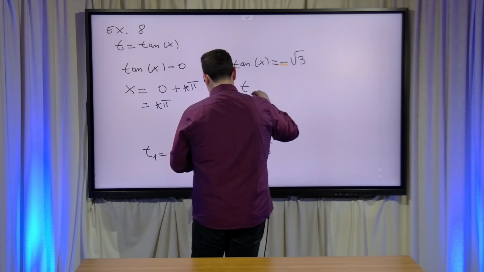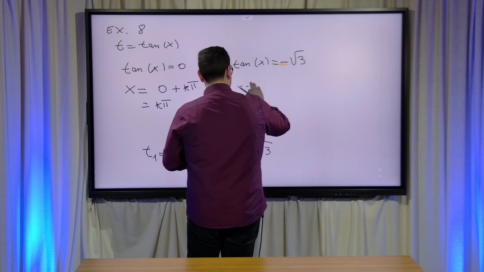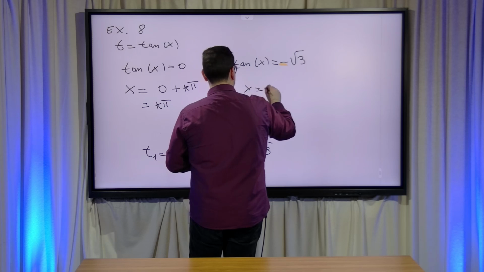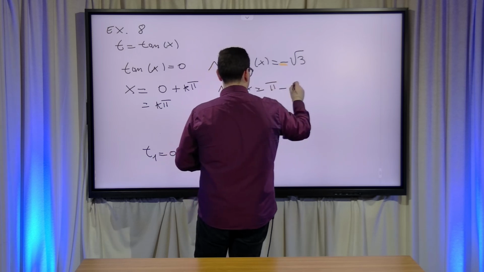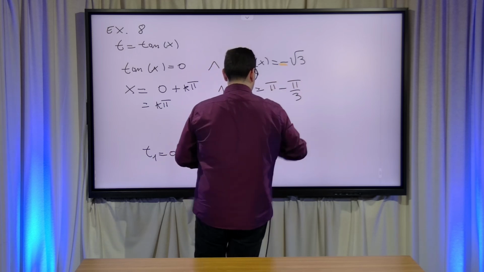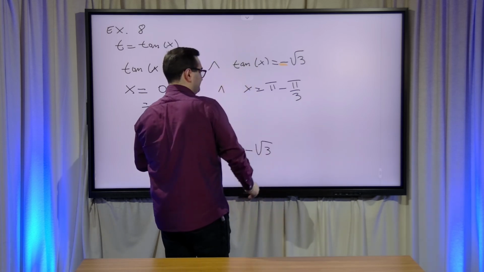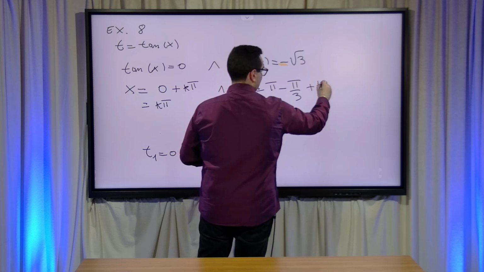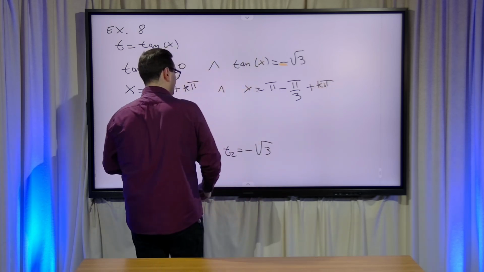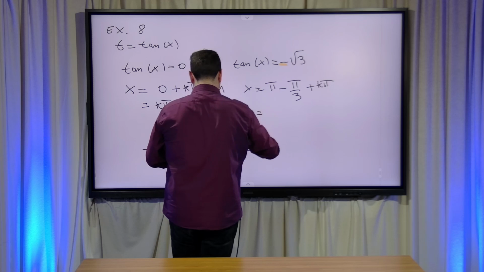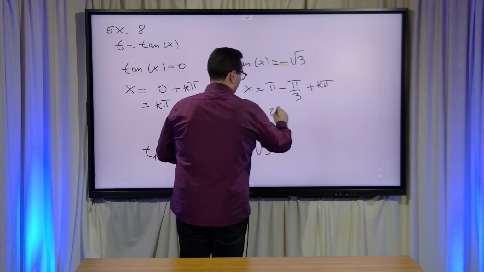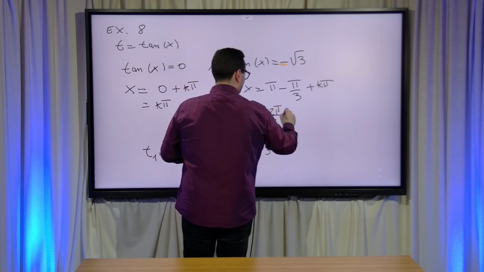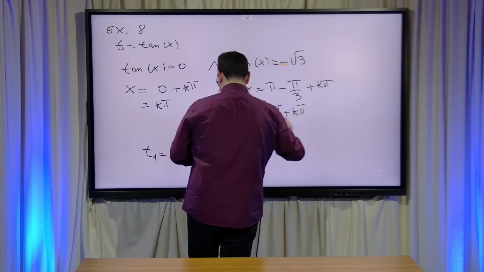So here I can write that x is equal to pi minus pi over 3, always with its multiplicity. From this one I can write it as 2 pi over 3 plus k pi.